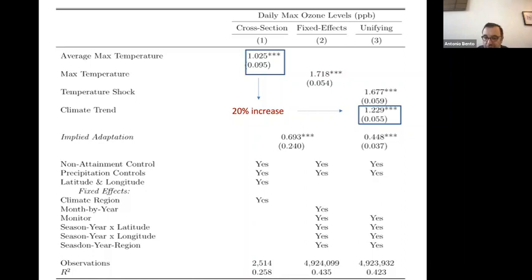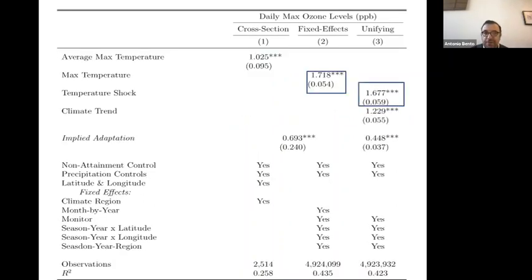And then I refer you to the table in the appendix where you can see how robust the results are when we zoom in and compare with specific regions that have had more aggressive programs, either on the precursors, which is the NOx budget region in the Northeast, or in California with the oxygenated fuel regulations.